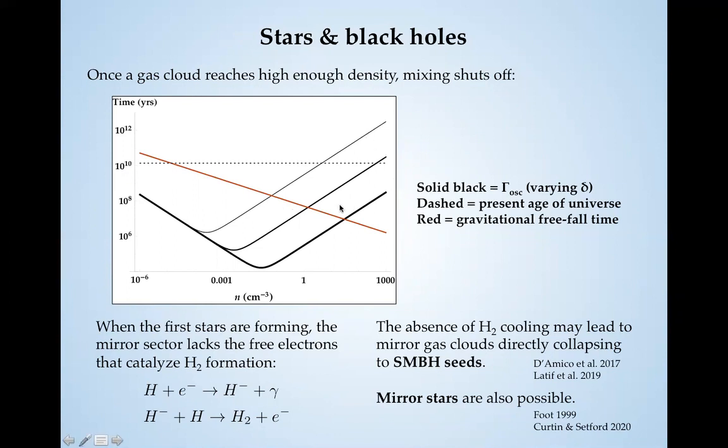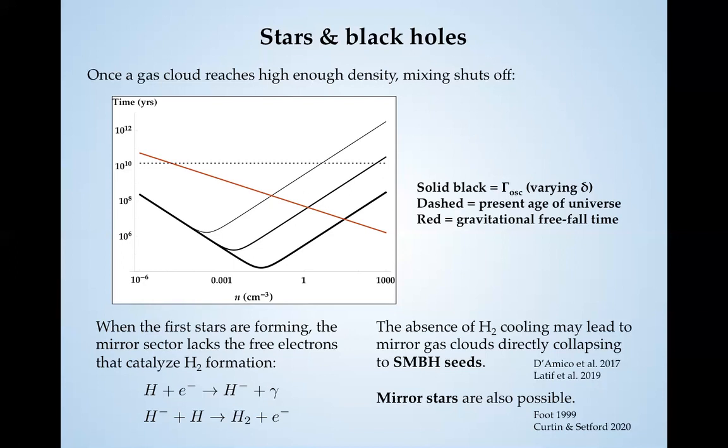And so you can see that as you get to higher density, the oscillation time becomes longer than the gravitational freefall time. So presumably there's going to be some impact on the formation of the first standard model stars from having half the baryon density. But I actually want to draw attention to what happens in the mirror sector.